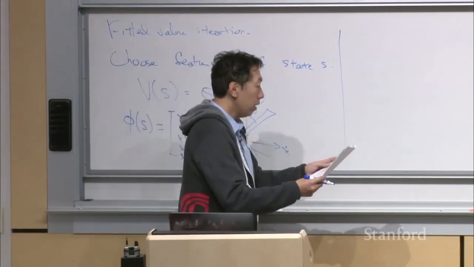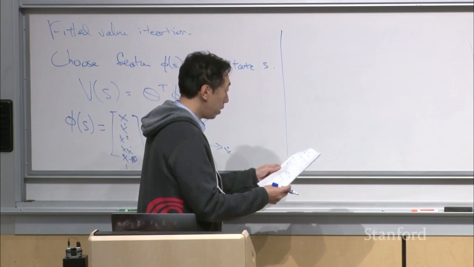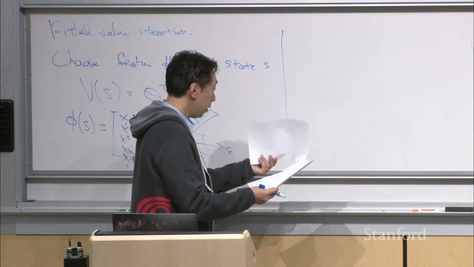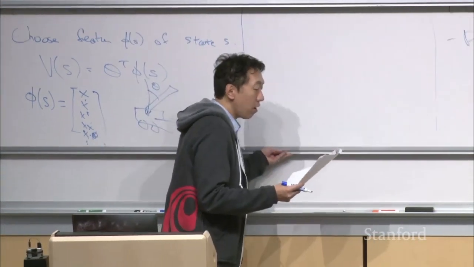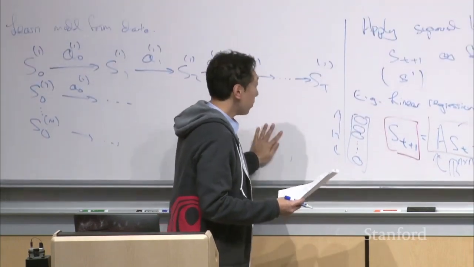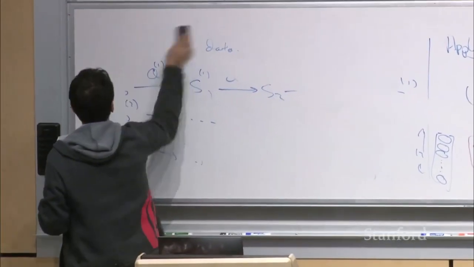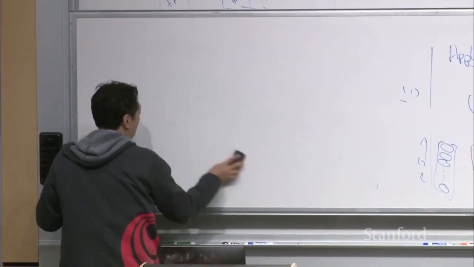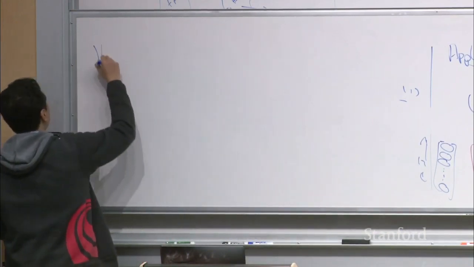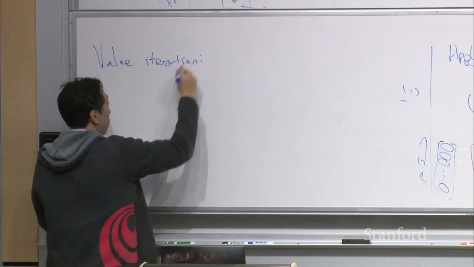Okay. So let's talk through the fitted value iteration algorithm. This is a long algorithm, so let me just use a fresh board for this. Let me write down the original value iteration algorithm for discrete states.